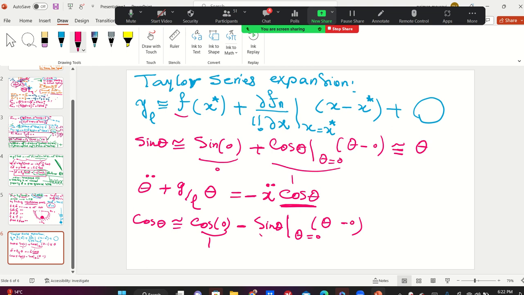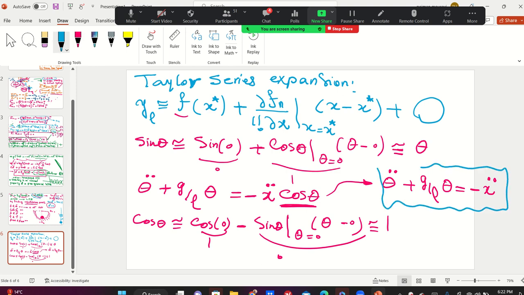This is 1, this is 0, because sine of 0 is 0. So you can write approximately 1. Around the equilibrium point of 0, cosine of theta always is 1. So the linearized equation of motion for the moving pendulum is going to be g over L theta equals minus x double dot. Bingo.